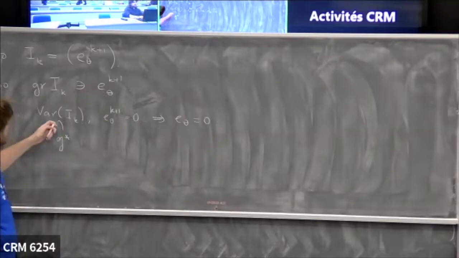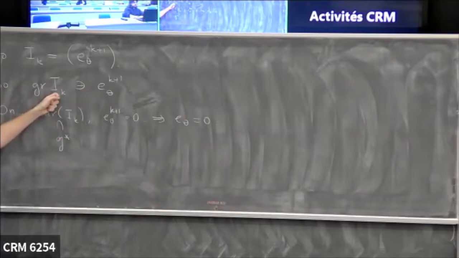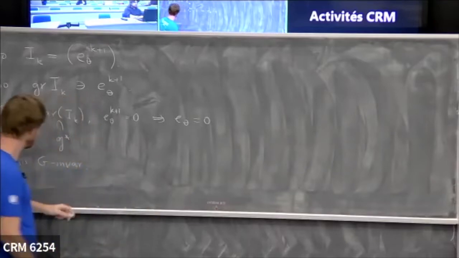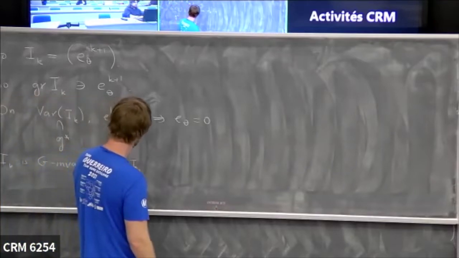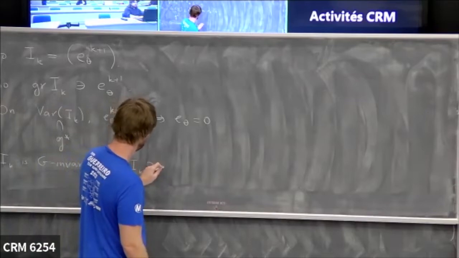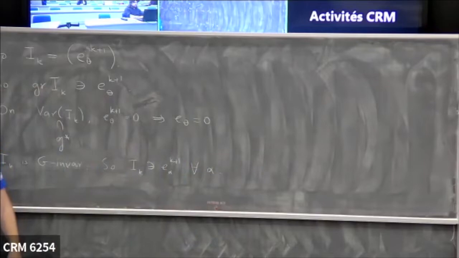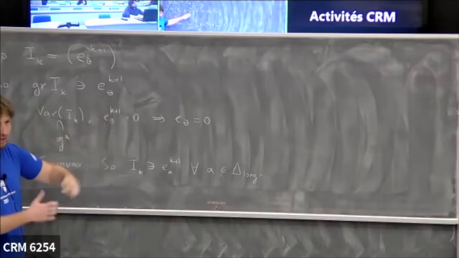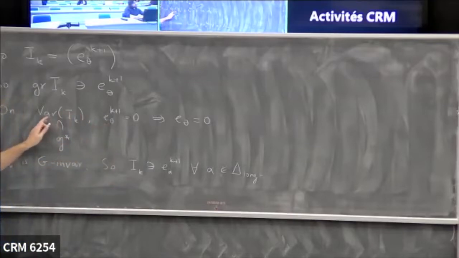The other key observation is that this ideal is invariant under the action, so you can exponentiate the action of the Lie algebra and consider applying transformations from the group. So you discover that I_k is G invariant, so it actually contains, for all roots of the same length, these linear functions, which are linearly independent and annihilate points in this ideal. So it's actually just the origin.